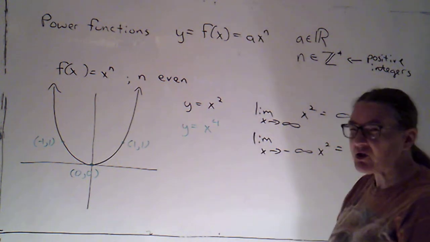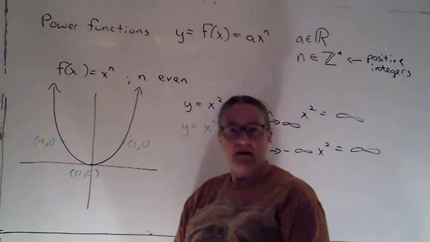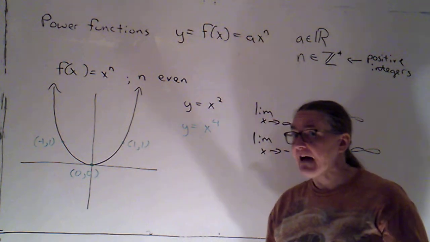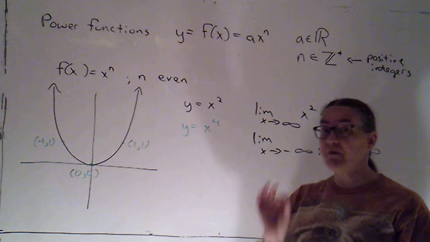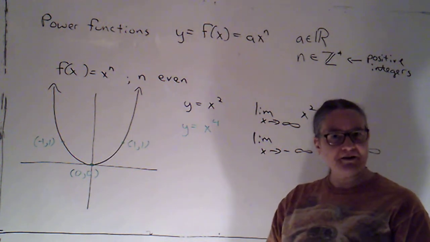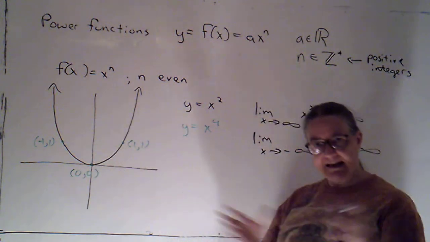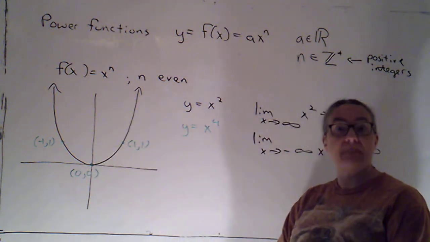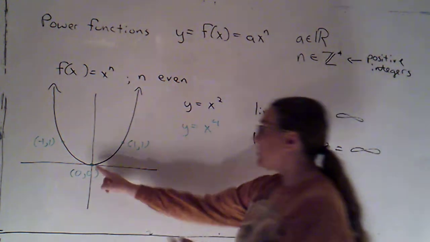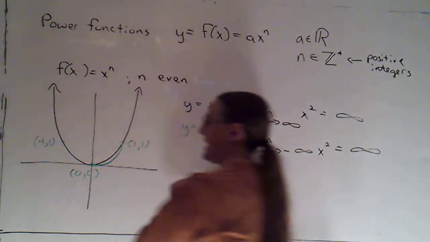That's not quite true. Between 0 and 1, if I look, for example, at 1/2, 1/2 to the 4th would be 1/16, whereas 1/2 squared is 1/4. If I have a number between 0 and 1, taking it to a bigger power actually makes it smaller. So between 0 and 1, x to the 4th is lower down.